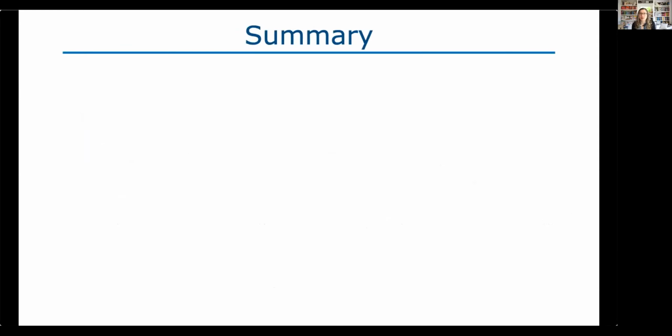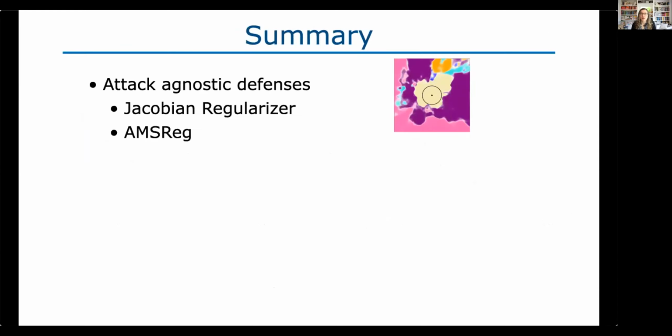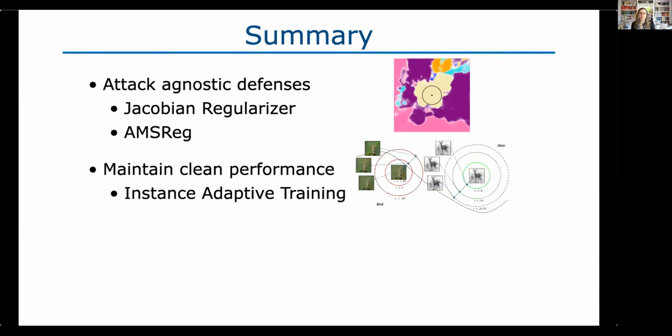So to conclude, this talk focused on two aspects of adversarial robustness. The first is starting to think about how we can produce a class of defenses that are not specific to a particular attack. To do that, we tried to look at the properties of clean models that may give us some understanding into why attacks may be successful overall.